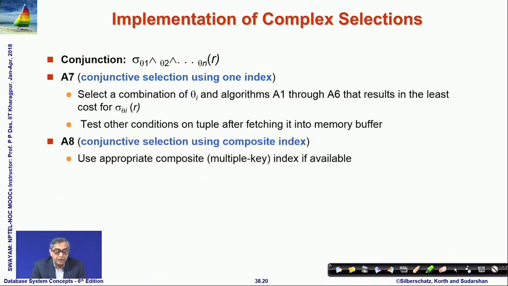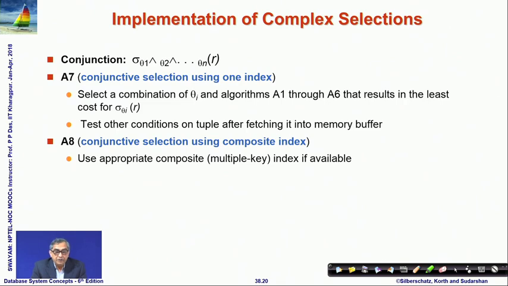You can also do conjunctive selection using a composite index. Depending on the attributes involved in theta 1, theta 2, theta n, we may have a multi-key index, and that decision, as to whether I have a multi-key index or what that multi-key index is, depends on the earlier statistics.